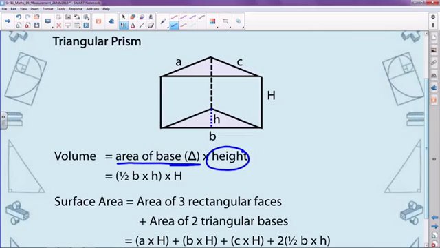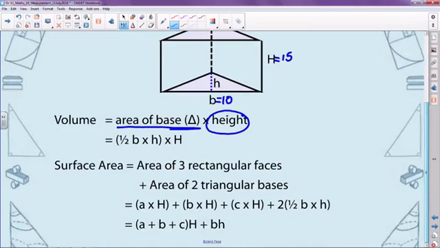All right, so now if we look at this example, if we have the base to be maybe 10, and then your height is 15, okay? So now when we are asked to find the volume, you're going to have your half base times your height, and then multiply by your perpendicular height, okay? Right? And then we're going to look at that as well on your examples.